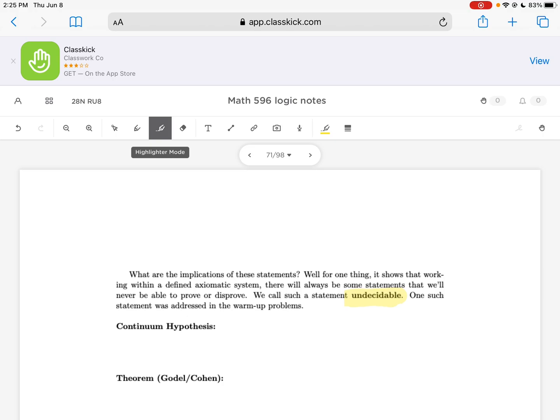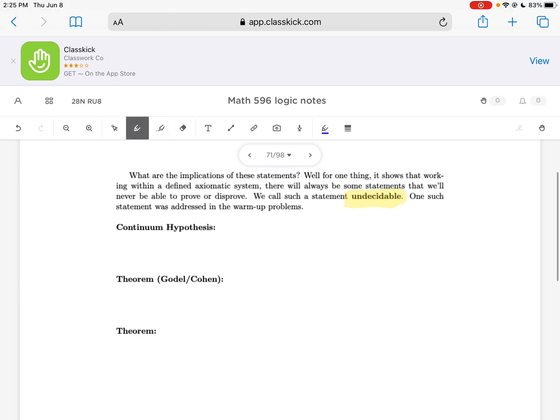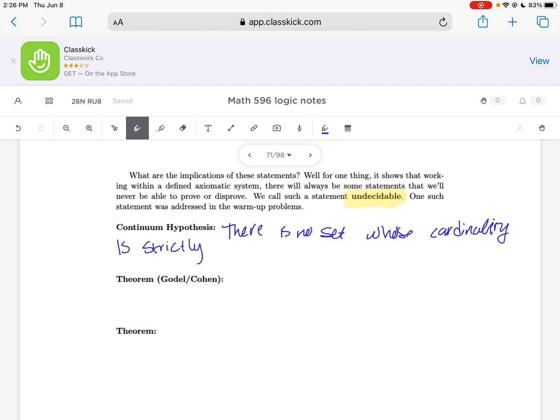One such statement is something that we actually addressed in the warm-up problems, which we call the continuum hypothesis. The continuum hypothesis is a statement that says that there is no set whose cardinality is strictly between the cardinality of the natural numbers and the cardinality of the real numbers.